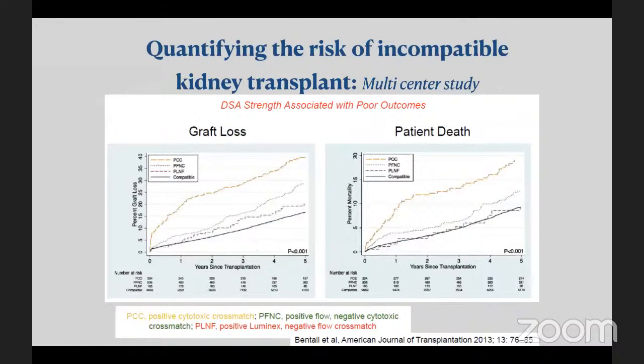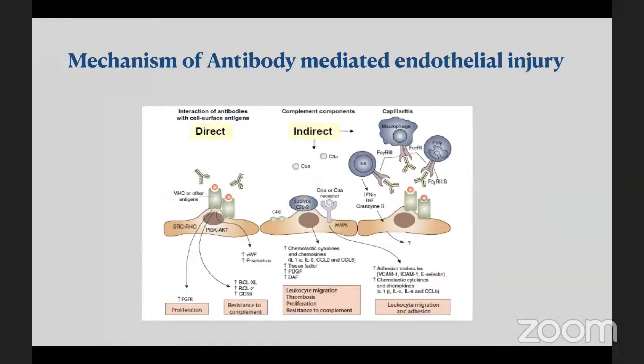When we quantify the risk of incompatible kidney transplant, when a patient has a positive CDC cross match, like the patient which we had, the graft outcome as well as the patient outcome is significantly inferior as compared to patients who have a positive flow and negative cytotoxic cross match, or a positive Luminex or negative flow cross match. So this is very important. So if you have a patient with a positive cytotoxic cross match, the outcome of this transplant is going to be very inferior.